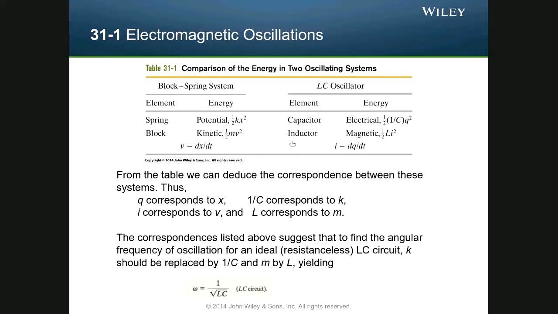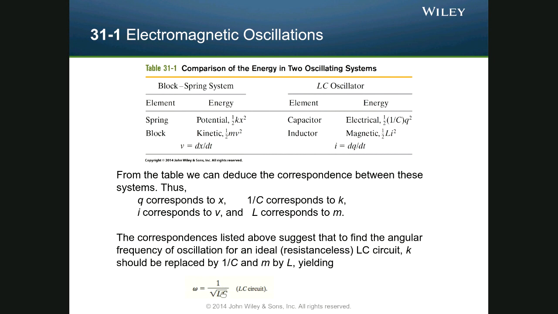You'll notice that Q corresponds to x, I corresponds to v, L to m, and 1 over the capacitance to the spring constant k. All right? So the correspondences listed here suggest that to find the angular frequency of oscillation for an ideal, that is, resistanceless LC circuit, k should be replaced by 1 over C and m by L, yielding this frequency.